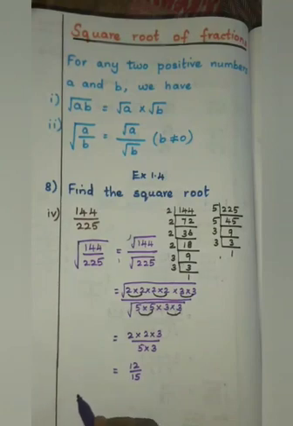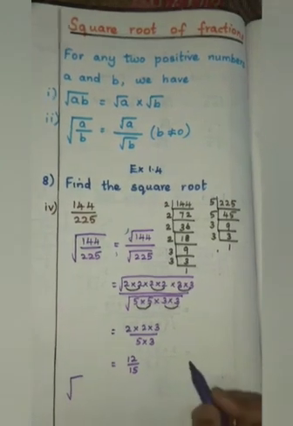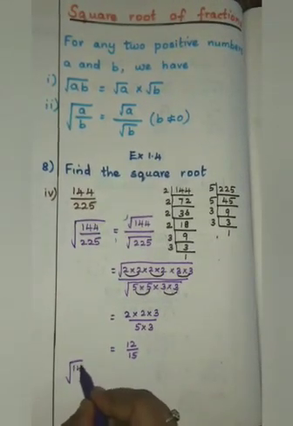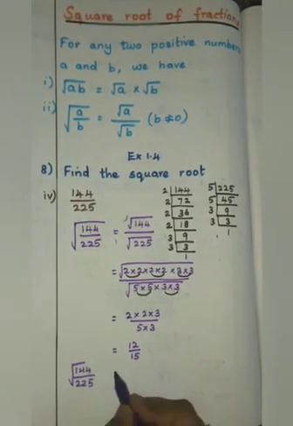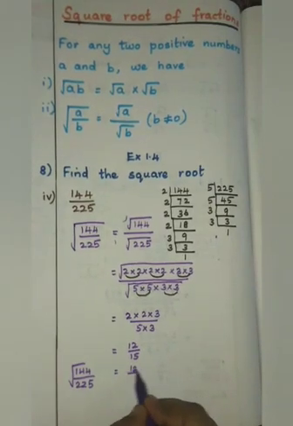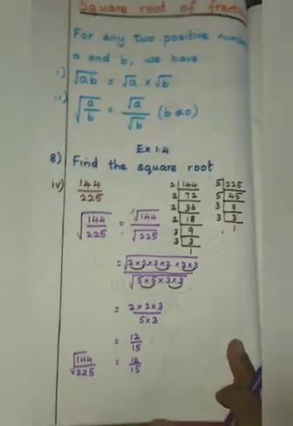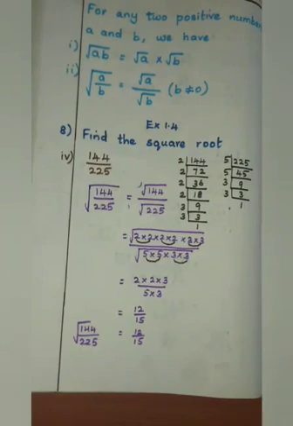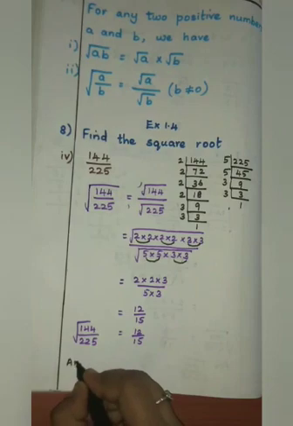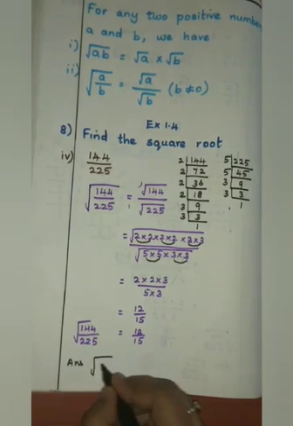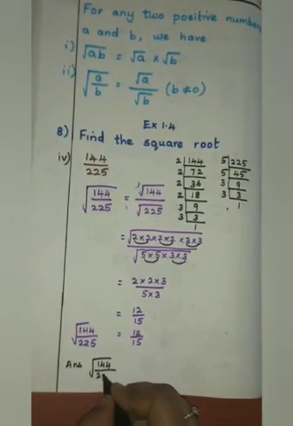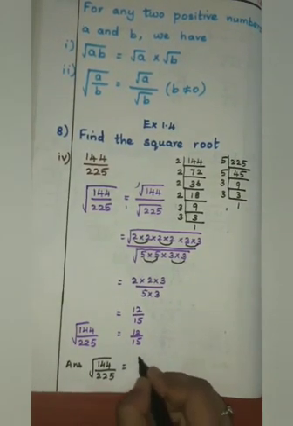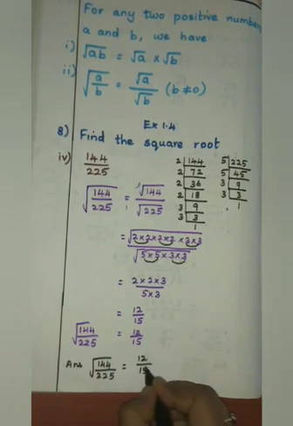So root of 144 by 225 equal to 12 by 15. Answer: root of 144 by 225 equal to 12 by 15.